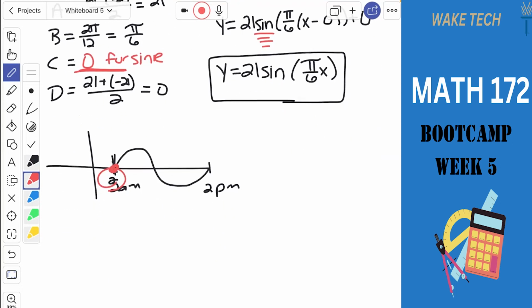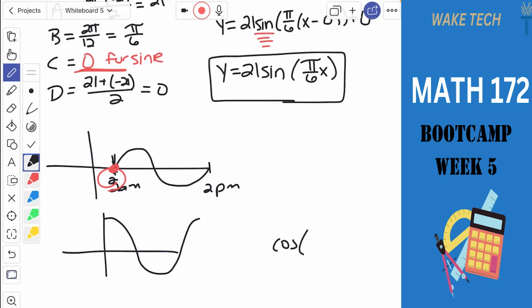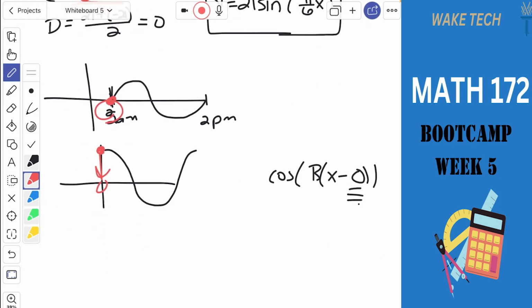If the question had said that the tide starts at its maximum, we would have written a cosine cycle, but in that case, the C value would have still been 0 because this is the starting point of the cosine cycle at a time of 0. Same thing from when we shifted the other one.